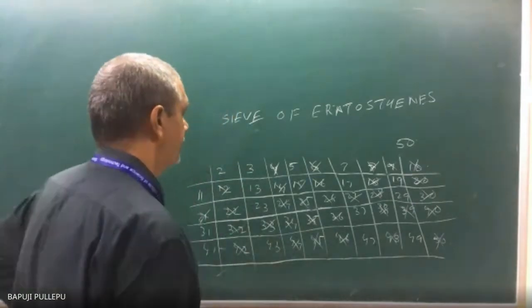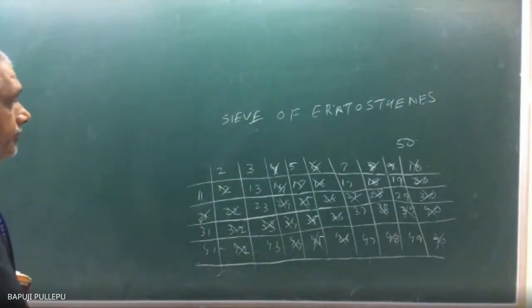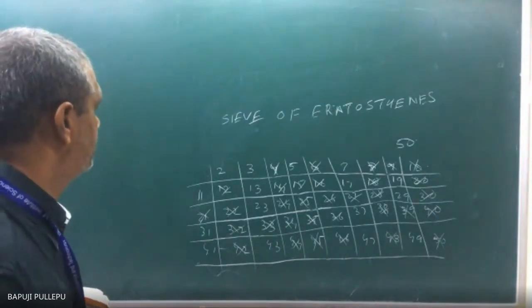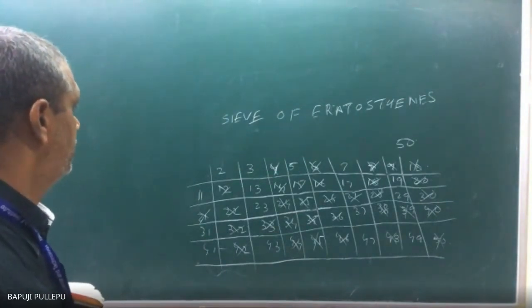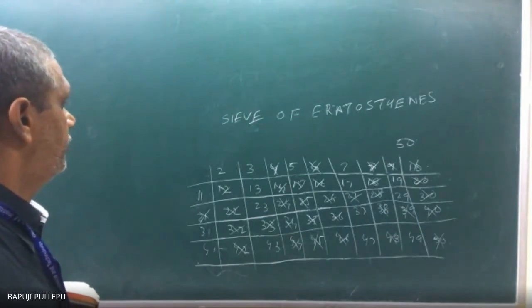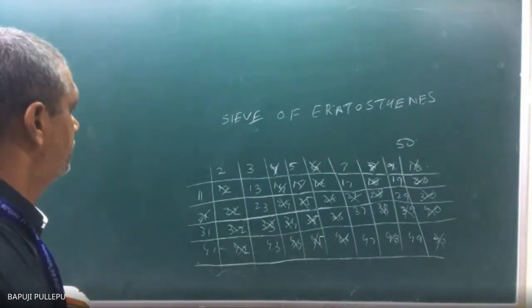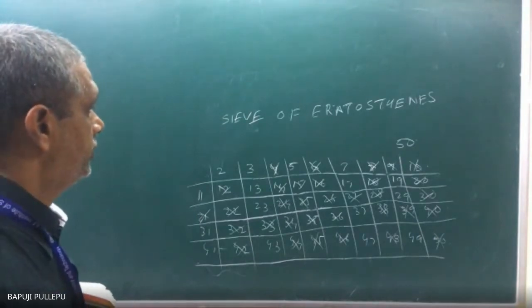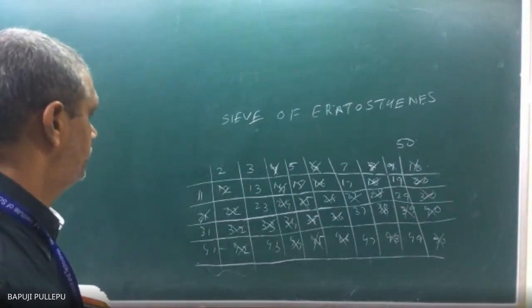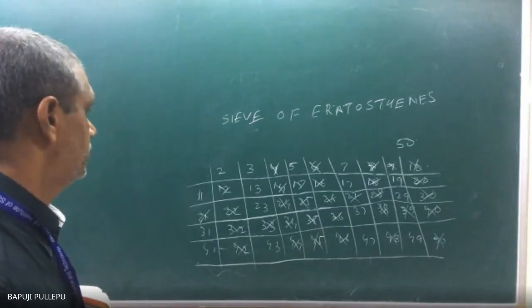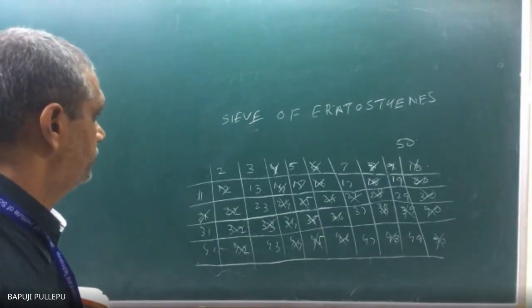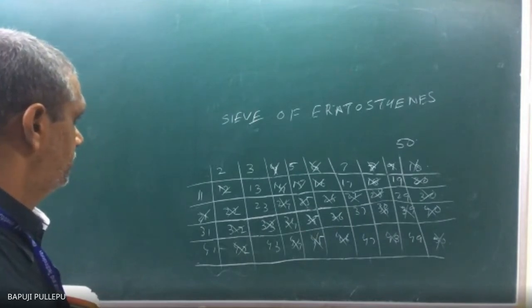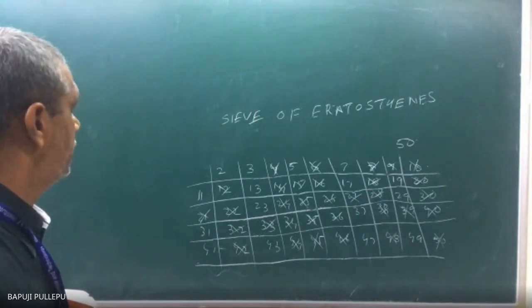Then with 7, you can see the multiples of 7. What can you cross? Already over. 7 is over.